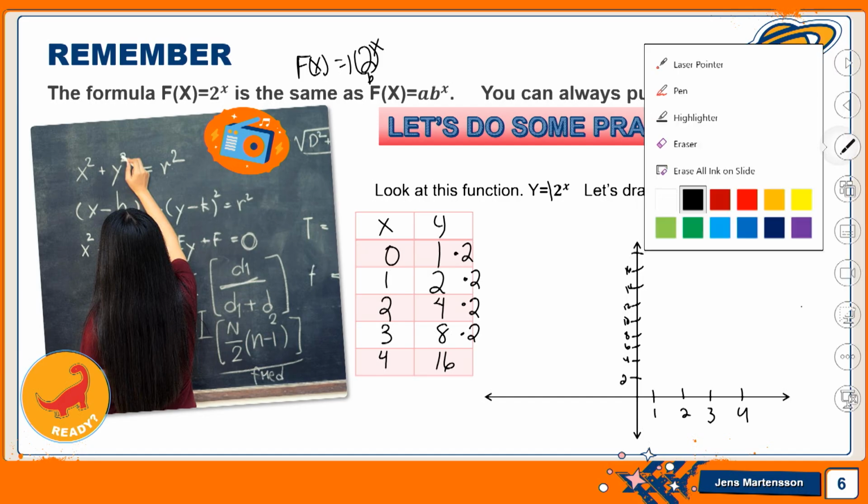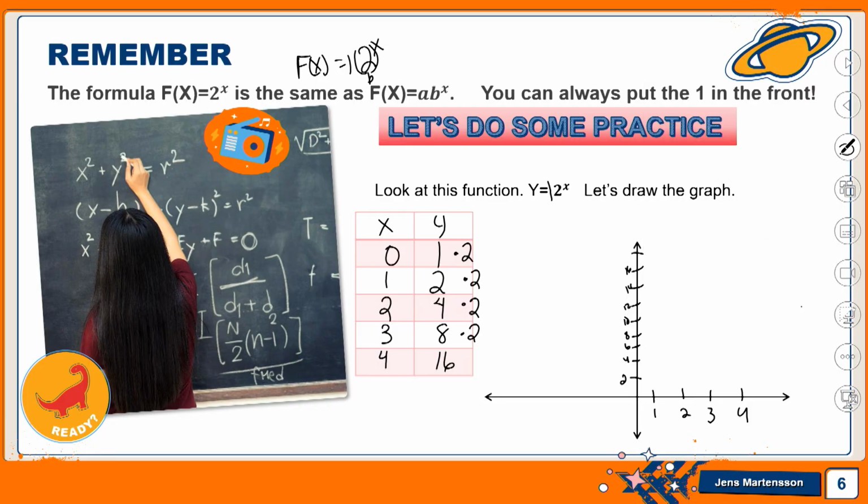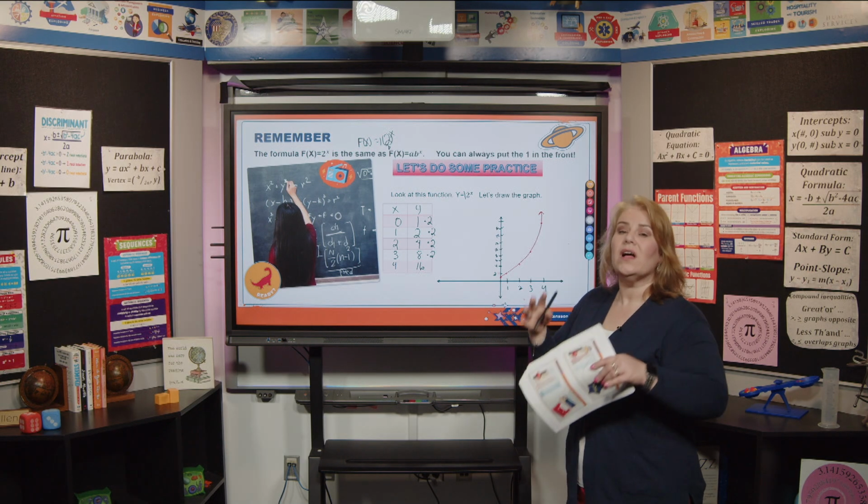So let me get a different color so it'll look better. So 0, 1. So it's going to be about right there. 1 is 2. 2 is 4. 3 is 8. 4 is 16. So we can see that it does have that exponential graph feature.